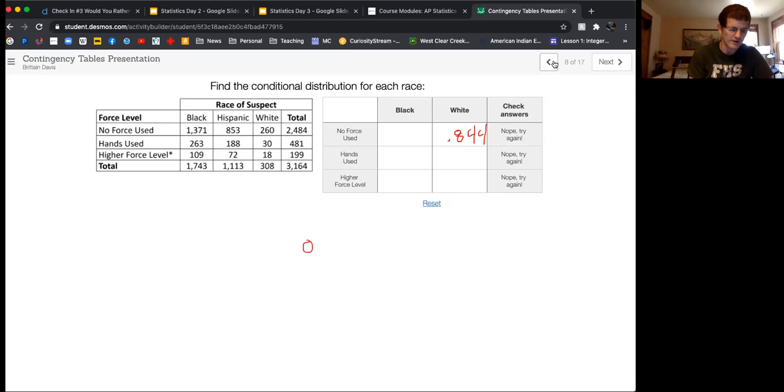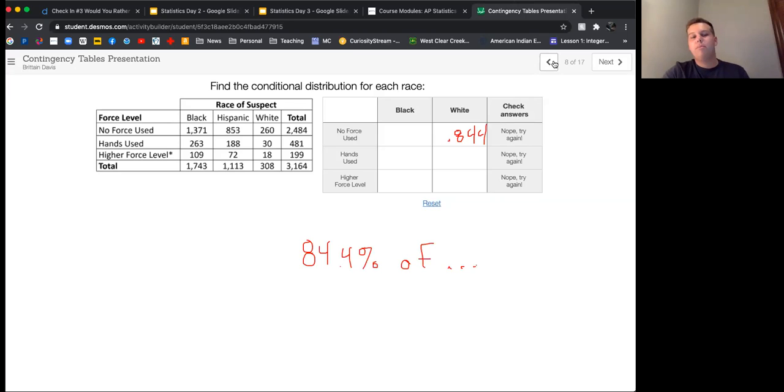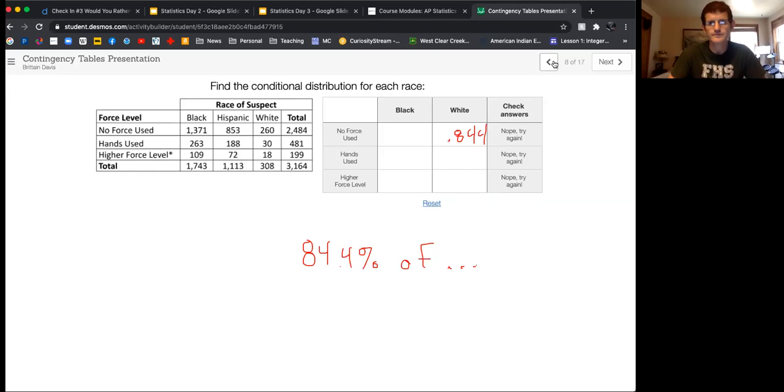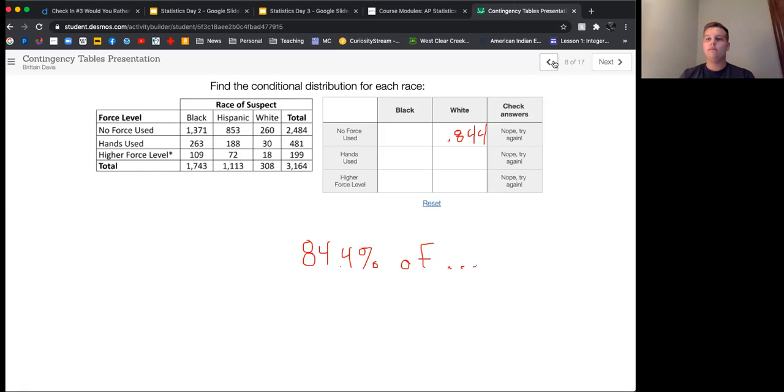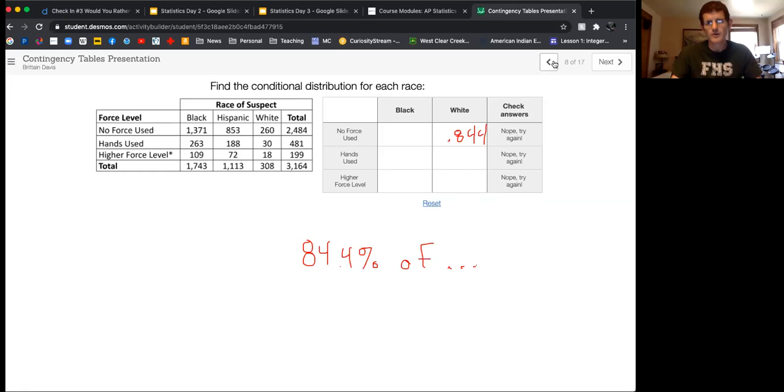I'll get you started. 84.4% of all white people who were stopped had no force used. Perfect. Now remember, we're looking at the condition that holds, which is race, but you've got to be careful about that. That can be where it can get tricky.